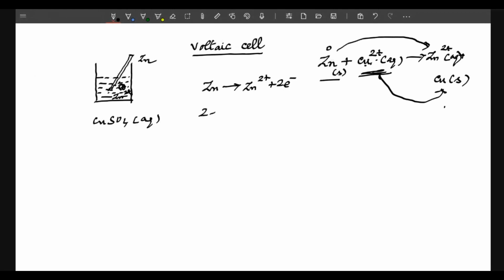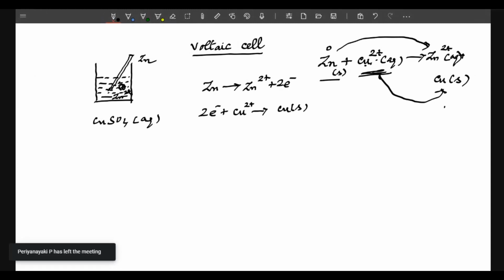The 2 electrons will be taken up by the copper ion present in the solution, and it is converted into solid copper. The solid copper would look brown in color. The copper sulfate solution concentration goes on decreasing, because Cu2+ ion is converted into solid copper, therefore the red precipitate goes on increasing.